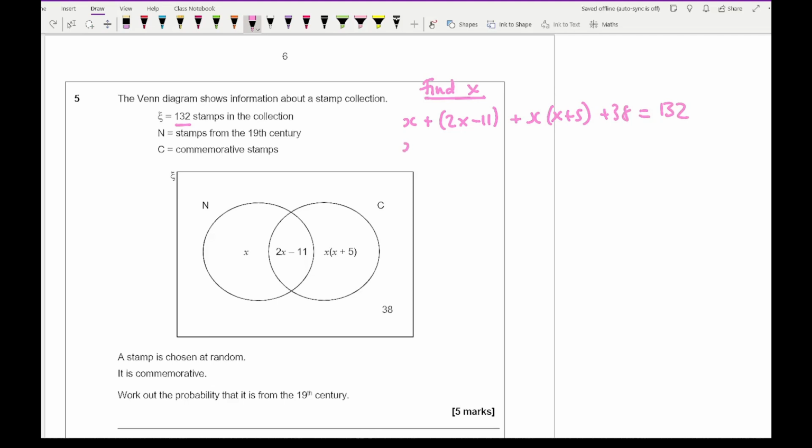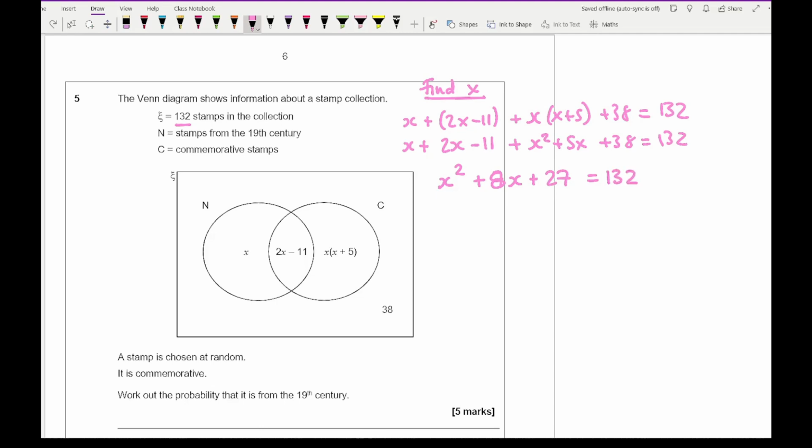So then expanding the brackets, we get X plus 2X minus 11 plus X squared plus 5X plus 38 equals 132. It slowly started to look like a quadratic, so if we neaten that left hand side, we get X squared plus 8X, and then we've got minus 11 plus 38, which is plus 27, equals 132.